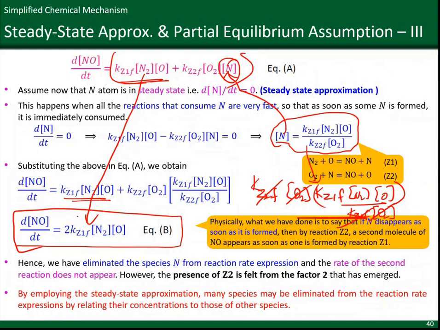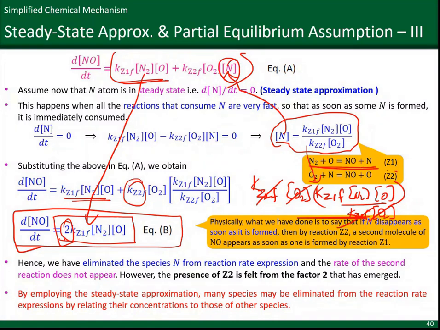And here we have eliminated the nitrogen atom, and although we may think that okay, the reaction rate coefficient Z2F is gone here, in reality the reaction rate Z2F is still showing its effect in terms of the fact that now, instead of KZ1F, it's 2 times KZ1F times N2 times O. The fact that we have 2 times this rate indicates that the presence of Z2 is still there, and simply the fact that Z1 is so slow is the rate determining step.